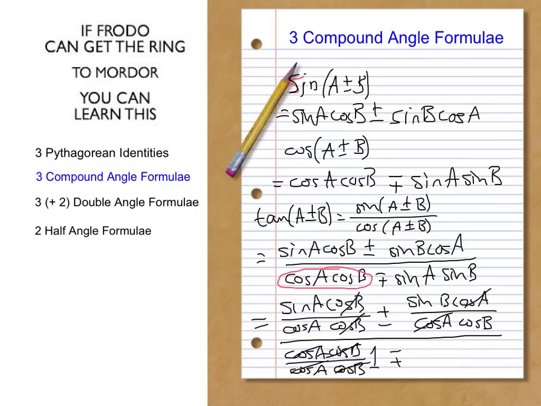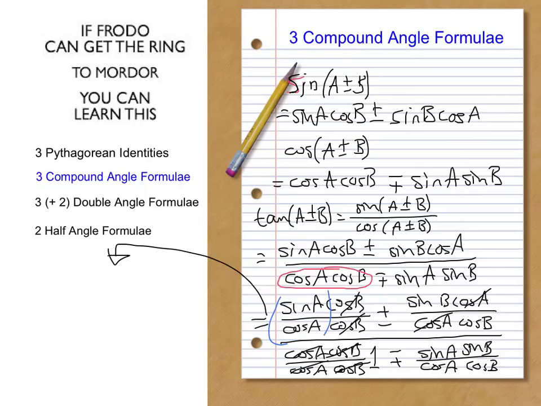And then minus plus, and then you've got sine a sine b over cos a cos b. Nothing cancelling there. So what have I got on the top here?